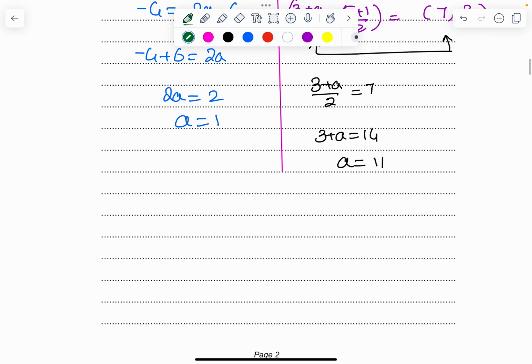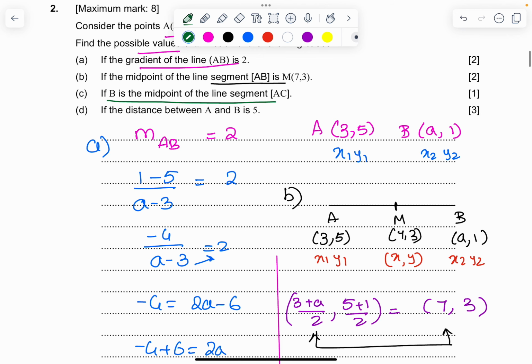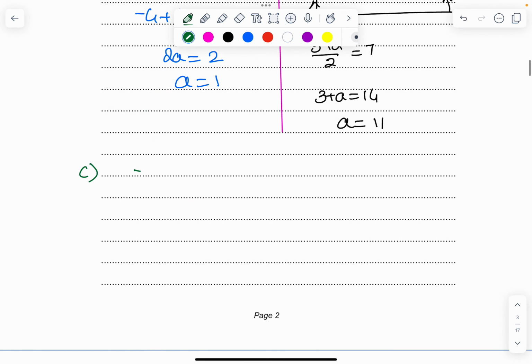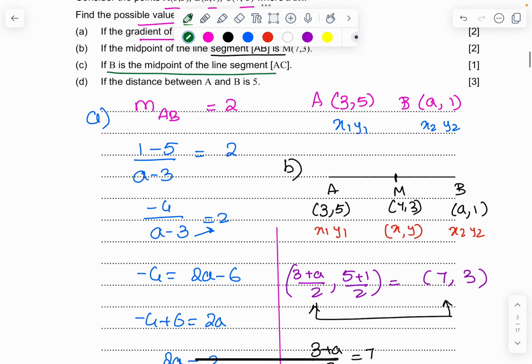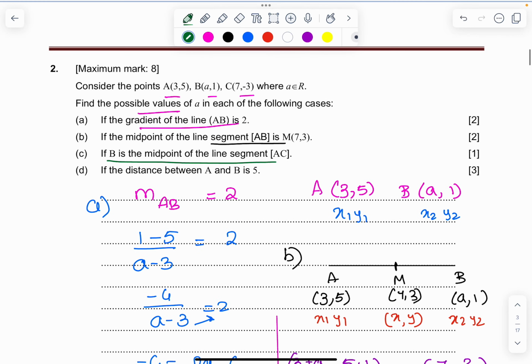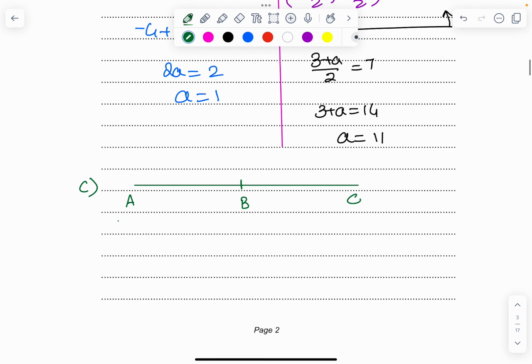Now coming to part C. Find a such that B is the midpoint of the line segment AC. So I draw line AC. B is the midpoint of AC. The points are 3, 5, a, 1, 7, minus 3.